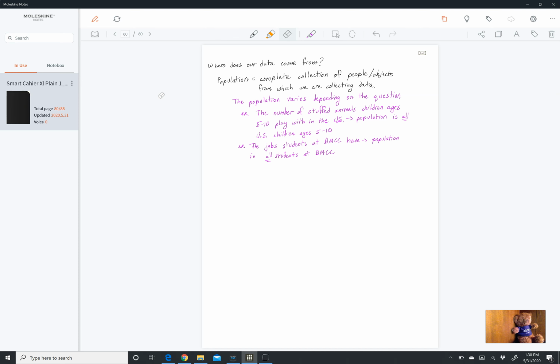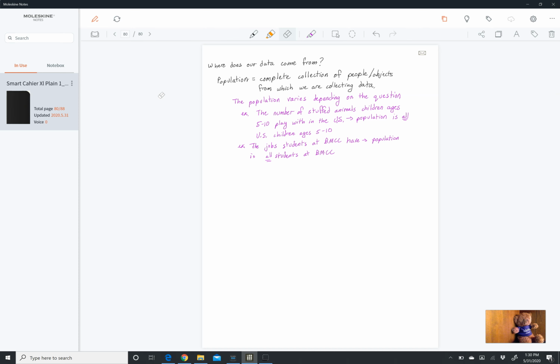We have to be realistic. So what we do is we take data from a sample, a subset of our population, and then we take that data and we say, okay, well, this is true for a sample. And because it's a good sample, which we'll talk about in a second, and a large enough sample, because of that, we can make conclusions about the population, okay?